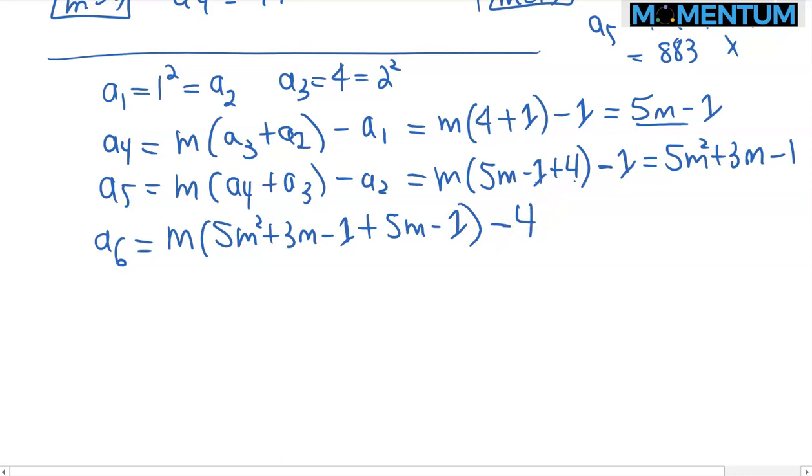Now, if you bash through the algebra, which we can do quickly, we have 5m cubed, plus 3m plus 5m, so plus 8m squared. After we multiply, this is minus 1 here, minus 1, so that would be minus 2m. And then we still have a minus 4 outside. Alright, so this is A6.